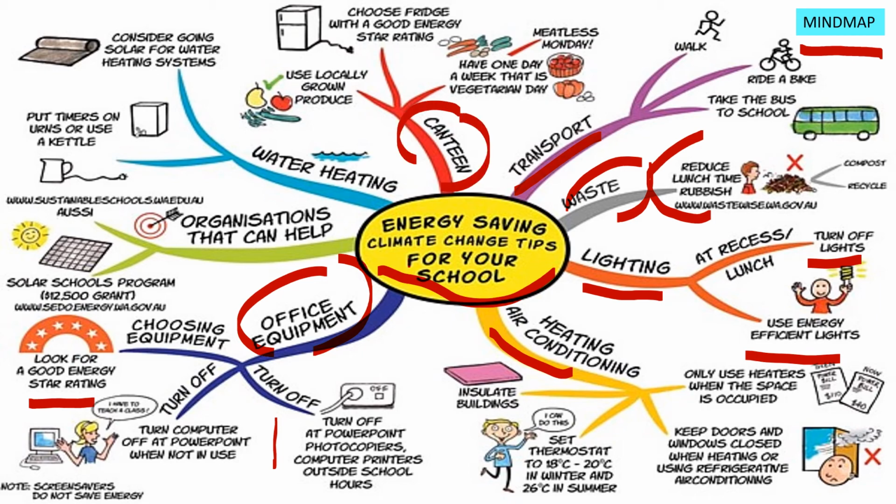Canteen. Mostly we don't have canteens in our school, but at home also for school lunch we can bring locally grown produce. And the most important thing, we should think about our own actions, that what we are doing for our climate change mitigation.